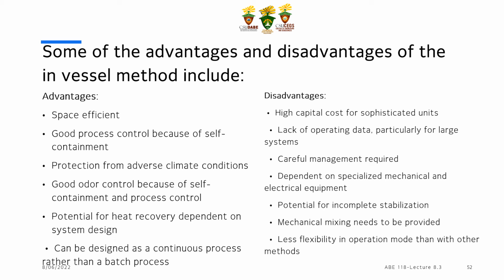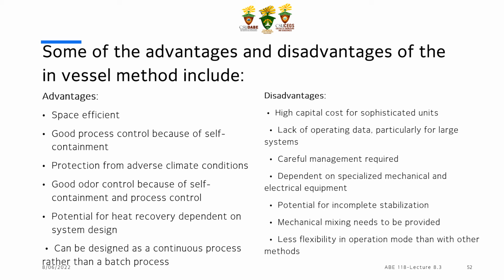And mao ni siya ang advantages and disadvantages in using the vessel method. First, the advantages: space efficient, good process control because of self-containment, protection from adverse climate conditions, good odor control because of self-containment and process control, potential for heat recovery dependent on system design, can be designed as a continuous process rather than a batch process.